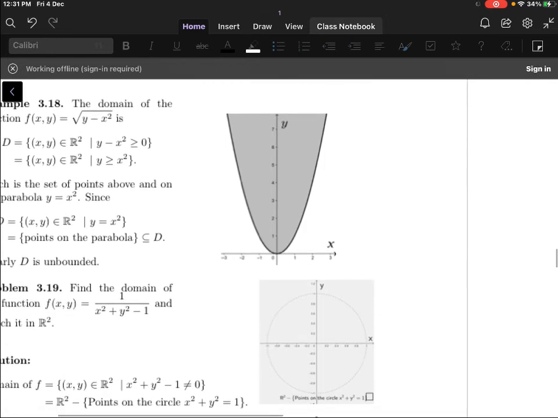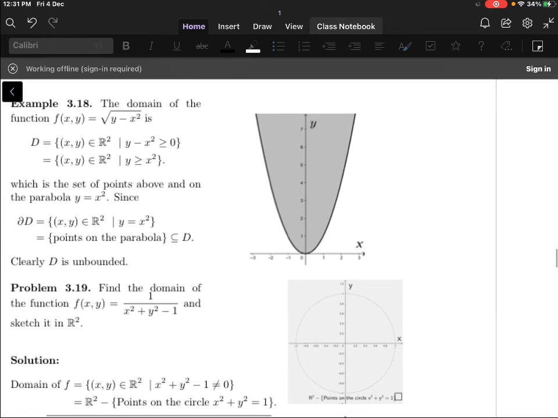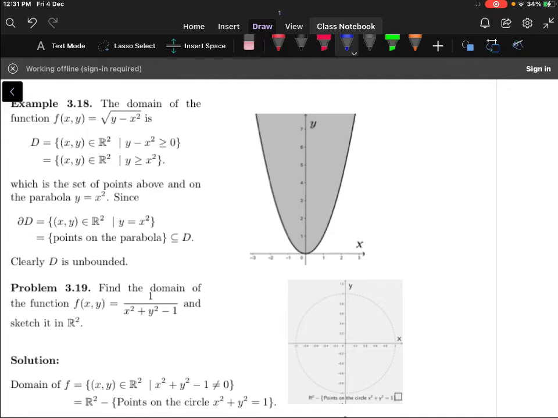Now let us take another example. The domain of the function f(x, y) equal to the square root of y minus x squared is the set of R2 elements (x, y) such that y minus x squared is greater than or equal to 0.